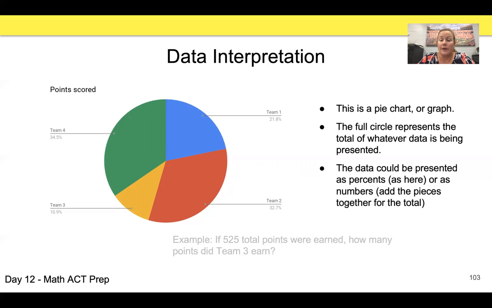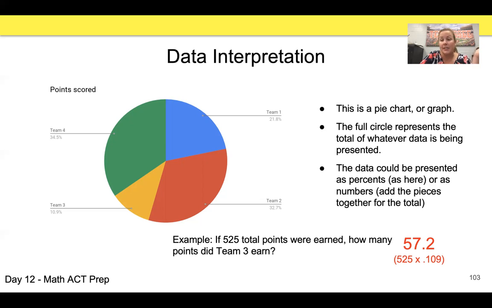So here we've got our example. It says if there's 525 total points that are earned, how many did team 3 earn? So you can say, what is 10.9% of 525 total points? So that's going to give us 525 times 0.109, which is 57.2.